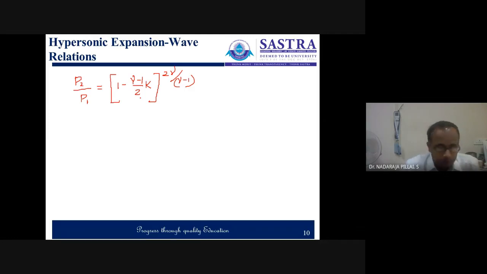Okay. So again, ultimately we want to calculate the coefficient of pressure. So P2 by P1 is equal to 1 minus gamma minus 1 by 2 into K, the whole power 2 gamma by gamma minus 1. So we can write Cp, that is equal to 2 by gamma M1 squared into P2 by P1 minus 1, that we know already.